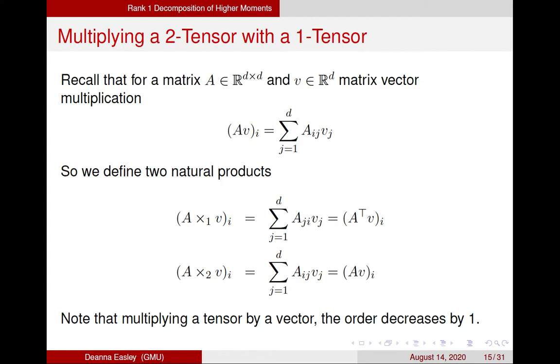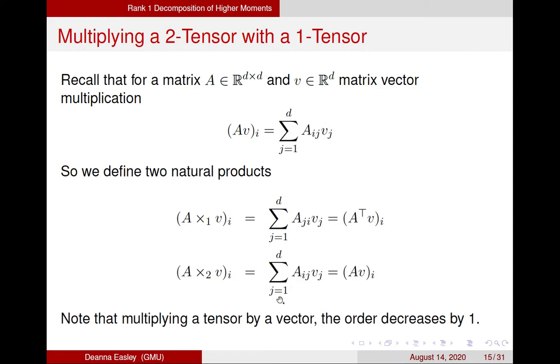To be able to discuss how we find the tensor decompositions we're looking for, we first need to discuss how tensor multiplication works. Let's consider the simplest case that we should all be familiar with, multiplying a 2 tensor with a 1 tensor. When dealing with tensors, we use this different kind of product notation that we call the n-mode product, where n is the summation index.